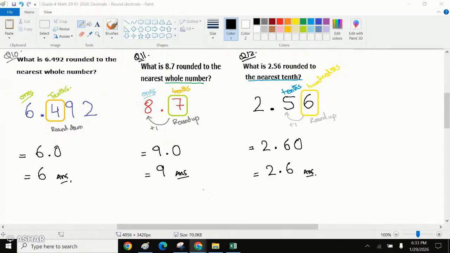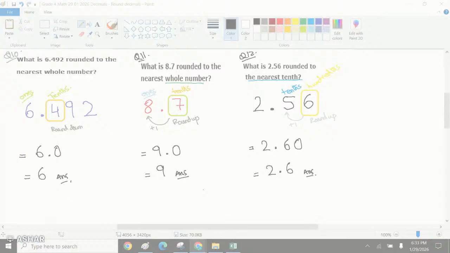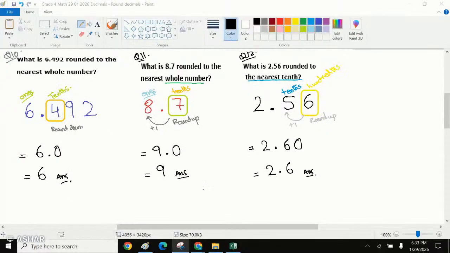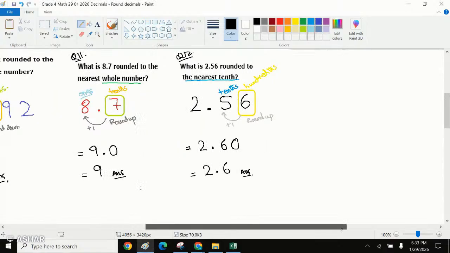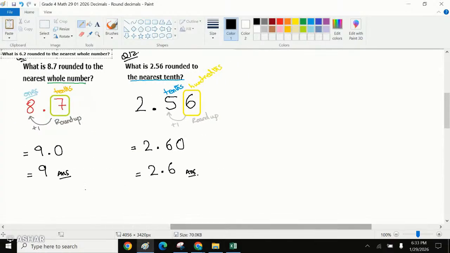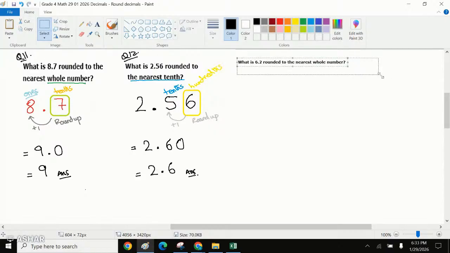Okay. For the next question, they're asking us, what is 6.2 rounded off to the nearest whole number? Let's see. What is 6.2 rounded to the nearest whole number?